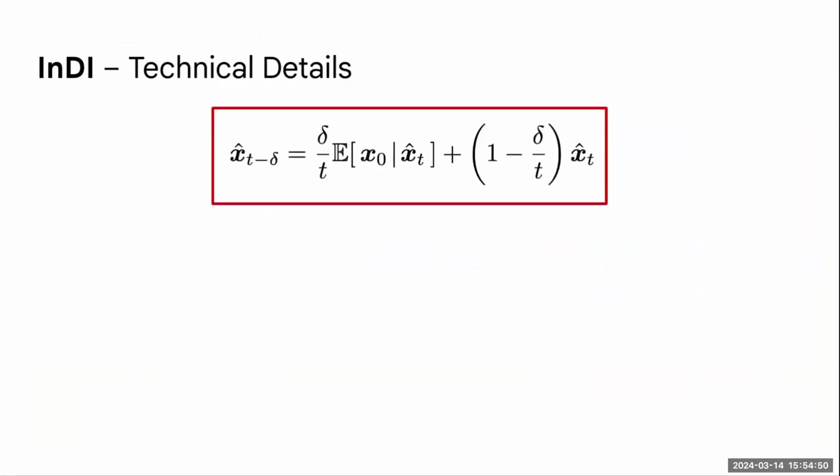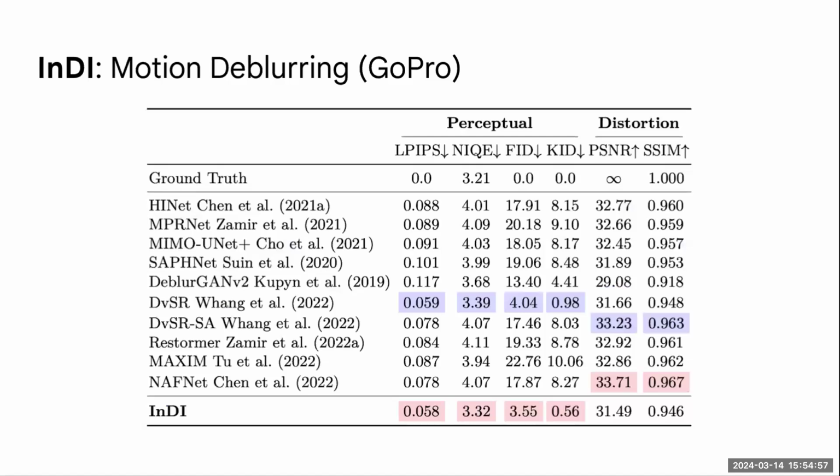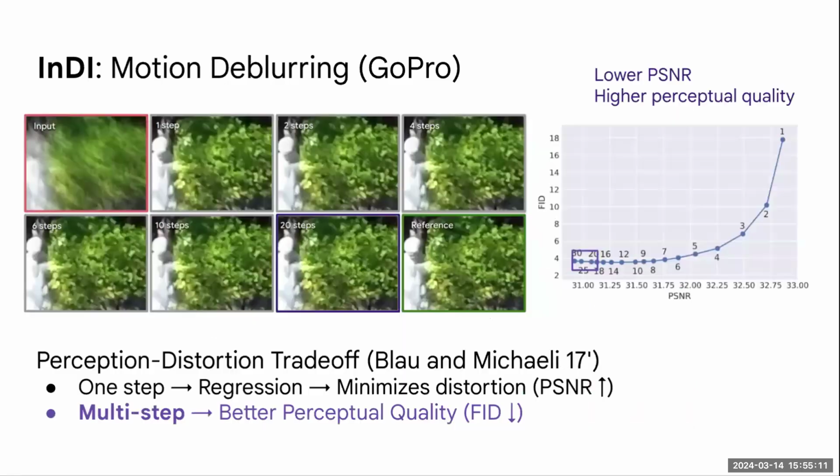Just wondering, if you go more than 30 steps, is the PSNR going to converge to around 30 or go even lower? Say it again. If you do more than 30 steps, does the PSNR have a lower bound, or is it going to continue going down? Right. I mean, here you can see that the PSNR quality starts getting worse.